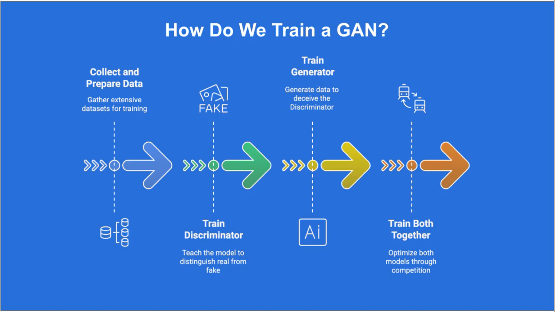This means the generator keeps getting better at creating realistic fakes, and the discriminator keeps getting better at detecting fakes. This back and forth competition continues until the generator produces images that are so realistic that the discriminator can no longer tell the difference. That's when we know our GAN is well trained.